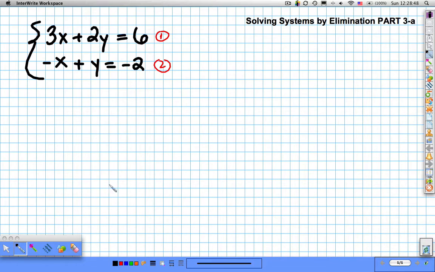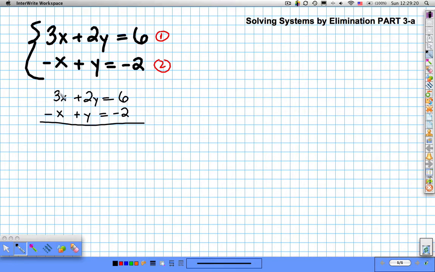My first step is to rewrite both of these equations stacked above each other. Remember, it's important to keep the x terms lined up, the y terms lined up, and your constants lined up. Now we have a couple choices. Could we multiply by a number greater than 1 to get what we desire?